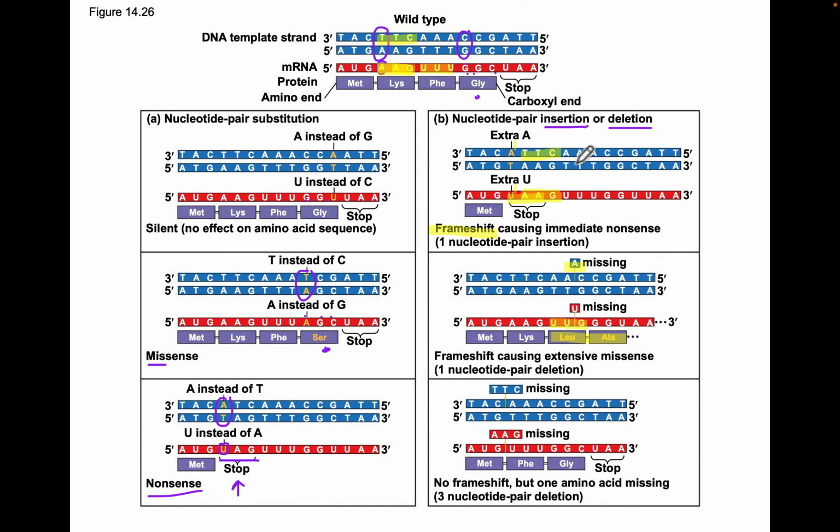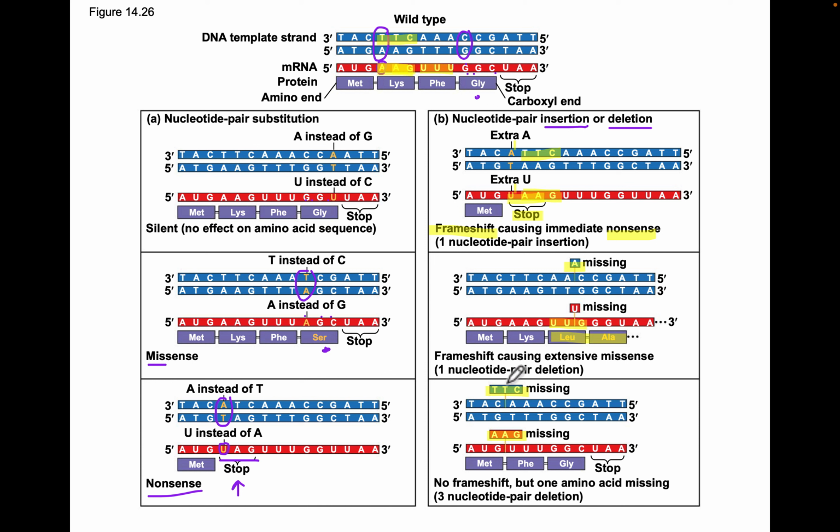So if you have an insertion or deletion of 1 or 2, everything after it is going to either be missense, all different amino acids, or if you have a stop codon put in, then it would be a nonsense mutation again. And a special case is if you have 3 deleted or 3 that are added during DNA replication and they're in frame, like they're just added between 2 codons, you could just get a new amino acid or a missing amino acid. In this case, it's deleted.